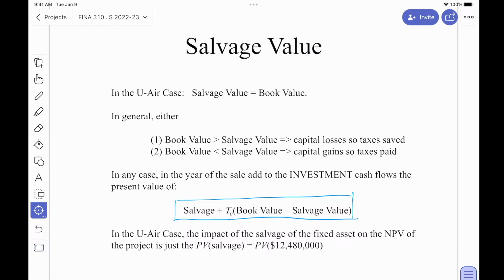In this case, it's going to be this extra tax savings if we have a book value that's higher than what we actually sell it for. This is going to be positive. Otherwise, this will be a negative. Okay, so this is the extra term you need to add in. In our case, this will be 0.